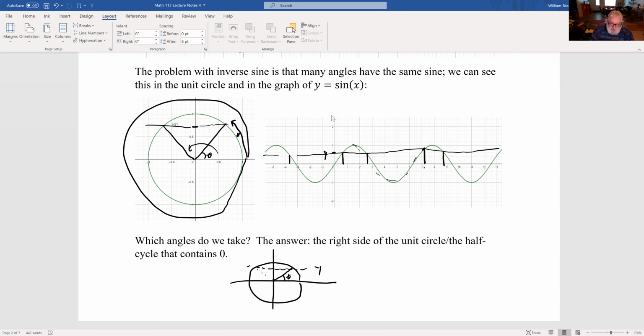And likewise, if we're going to think about what angles we want from the graph, we want just the angles on this part of the graph.